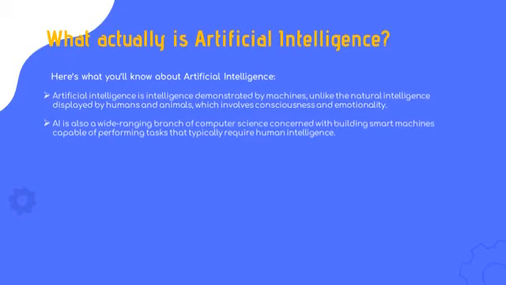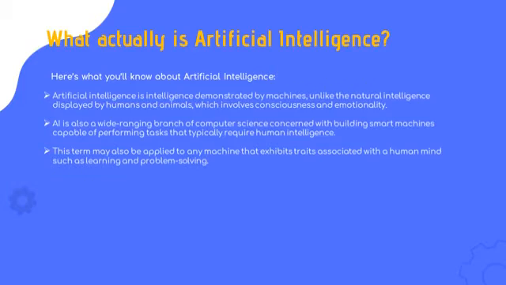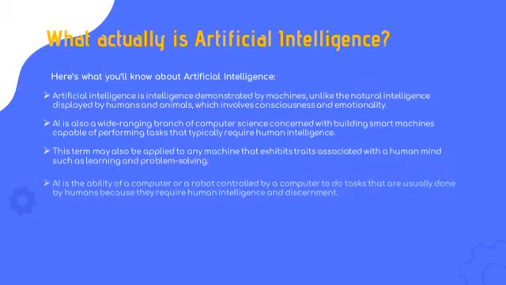AI is also a wide-ranging branch of computer science concerned with building smart machines capable of performing tasks that typically require human intelligence. This term may also be applied to any machine that exhibits traits associated with the human mind, such as learning and problem solving.